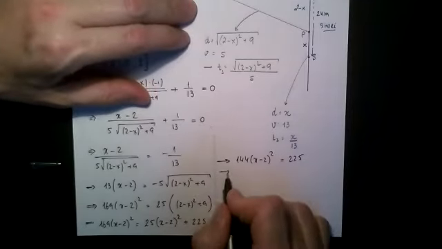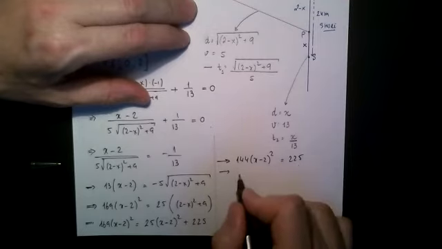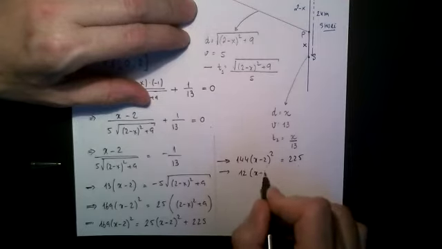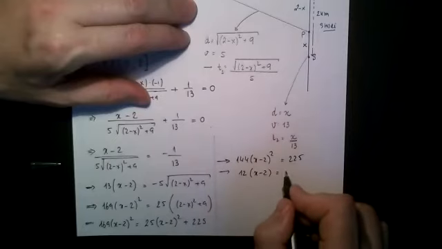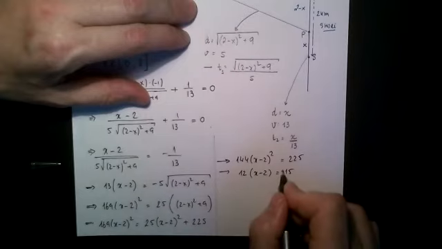And then if I square root everything now, 12 times (x - 2) equals 15, plus or minus.